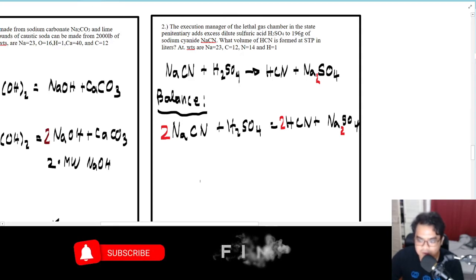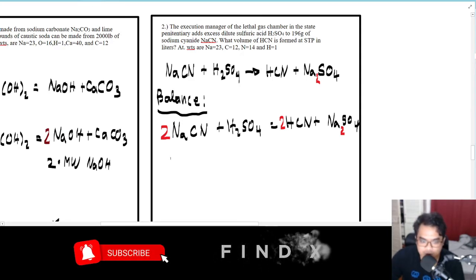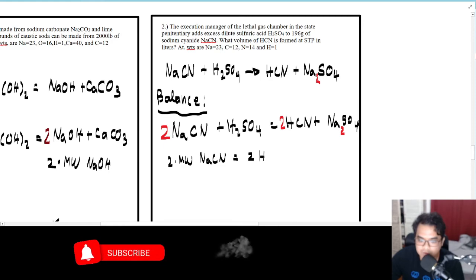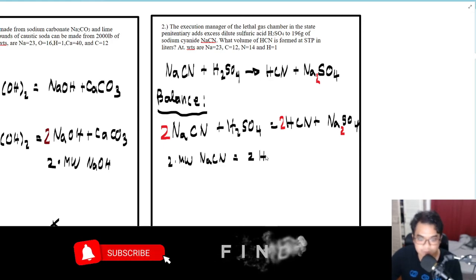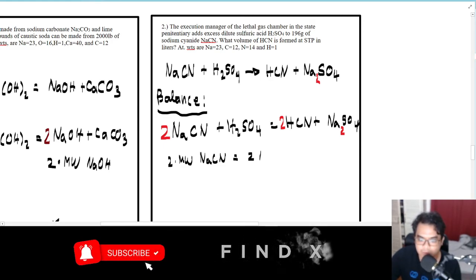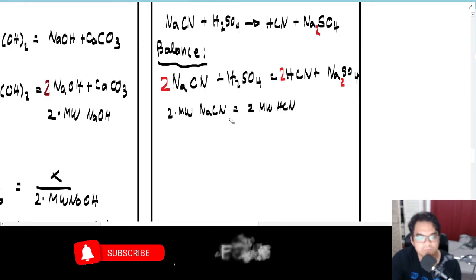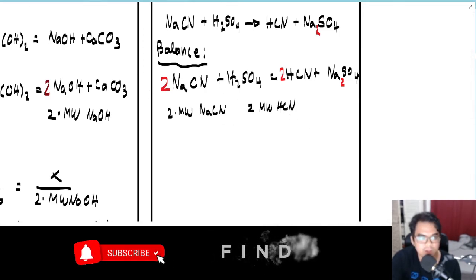Therefore, you'll have here 2 times the molecular weight of NaCN equal to 2 times the molecular weight of HCN. So these are the two that we must be looking for.